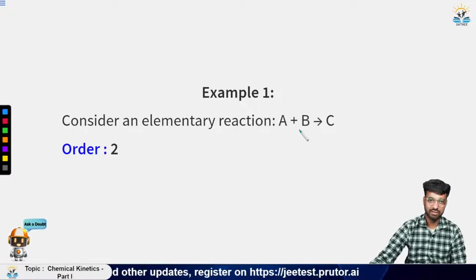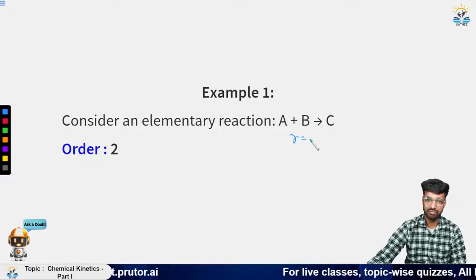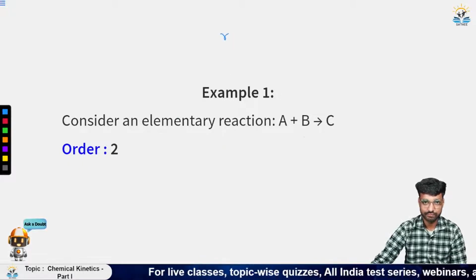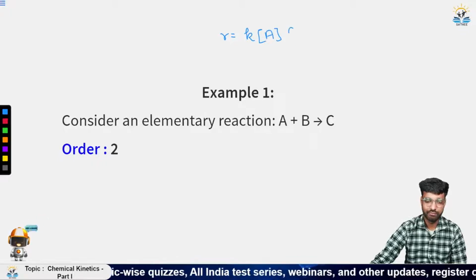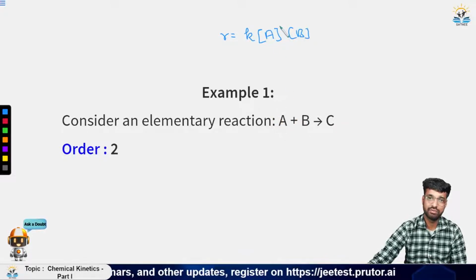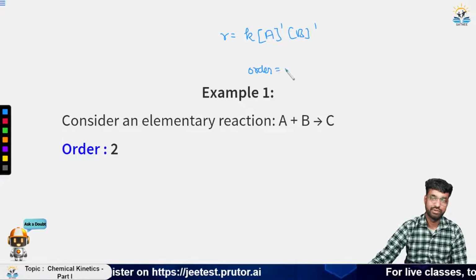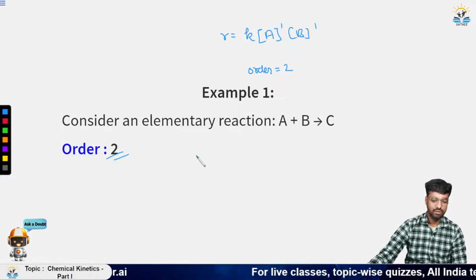Since for an elementary reaction I have earlier defined that you simply take the coefficients, the rate is equal to k[A]^a[B]^b, where a and b are each 1, so each is raised to the power 1. So the order of reaction will be simply m plus n, that is 2.